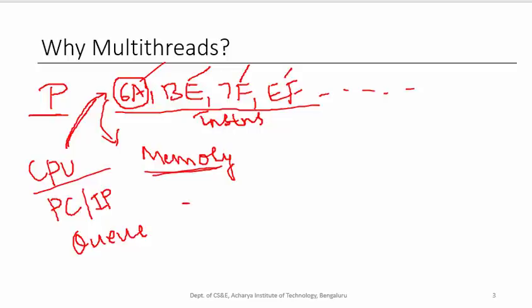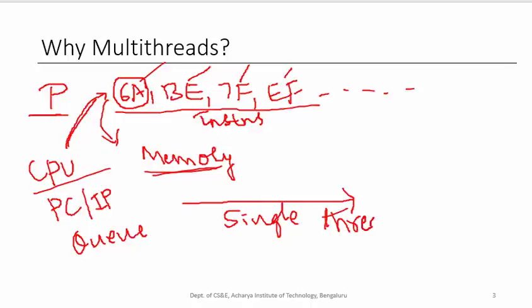Now if you see, there is a single thread of execution. You can call it a thread of execution. This is a little bit of background to understand.